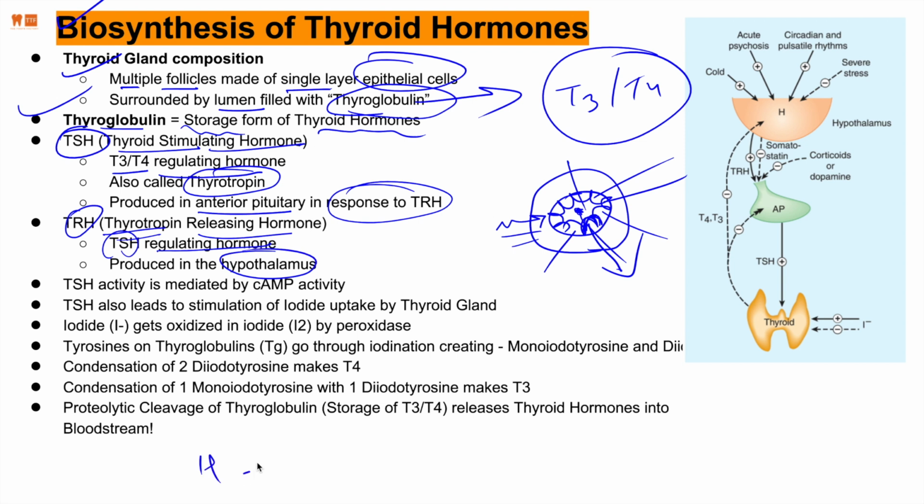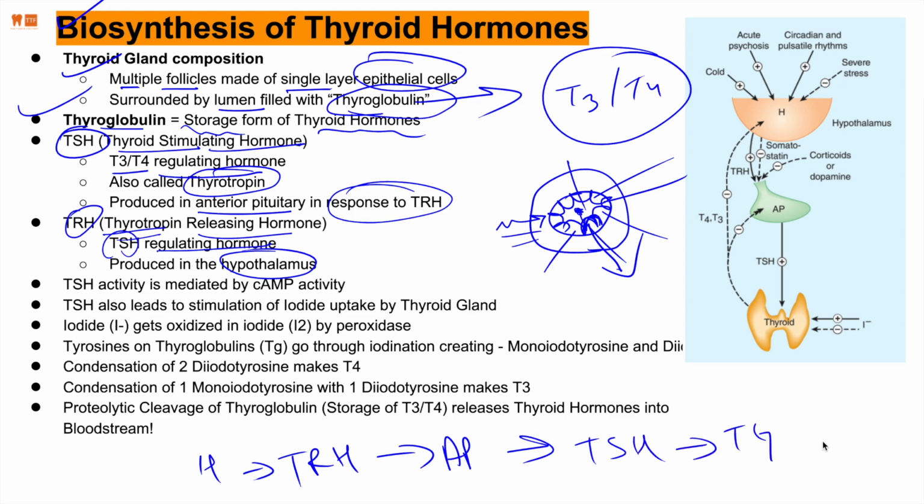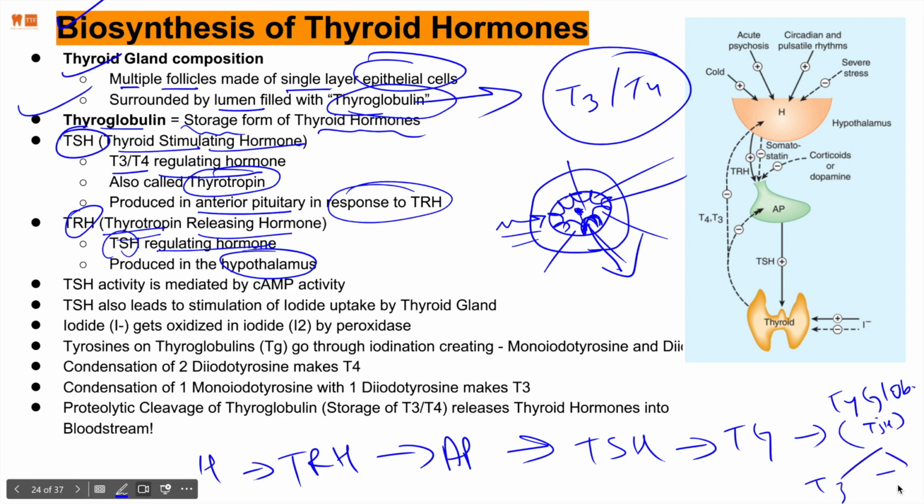So the hypothalamus sends out thyroid releasing hormone, which goes to the anterior pituitary, and then thyroid stimulating hormone goes to the thyroid gland. The thyroid gland has thyroglobulins. They get affected by TSH, and then of course T3 and T4 are released. This is actually the physiological releasing mechanism.